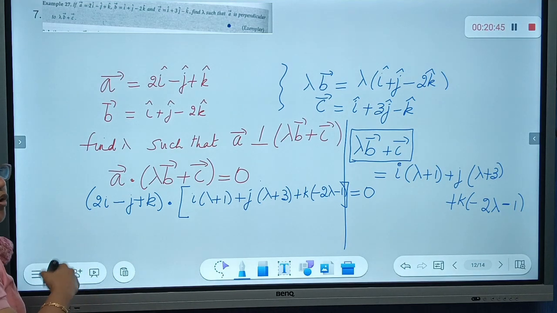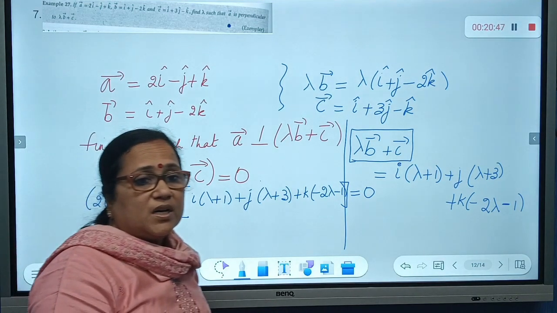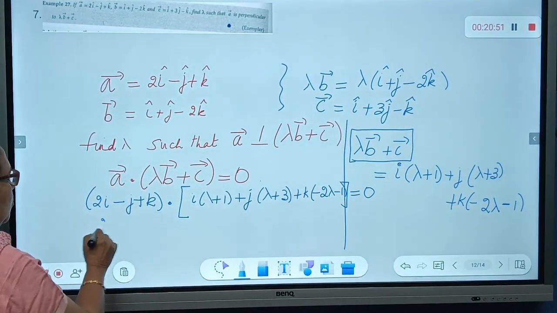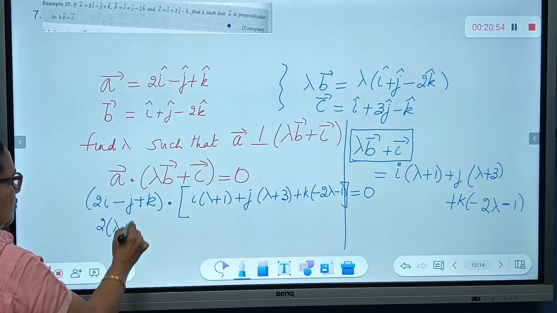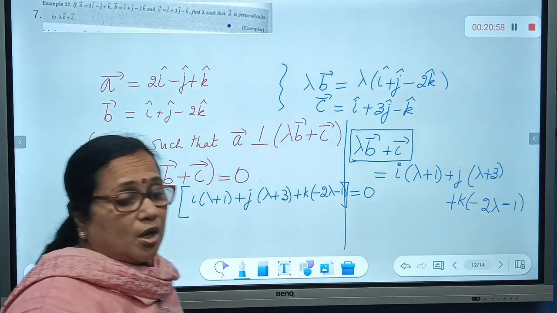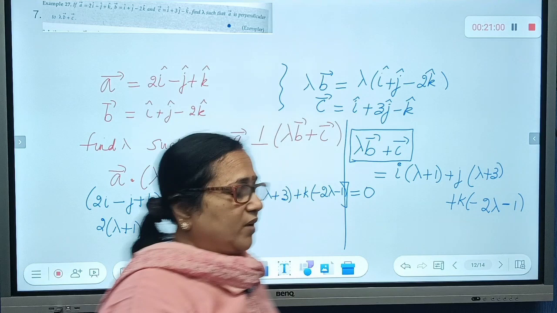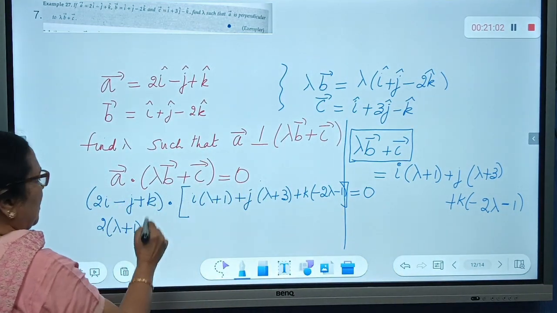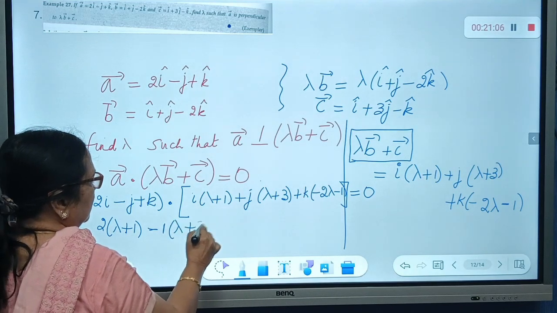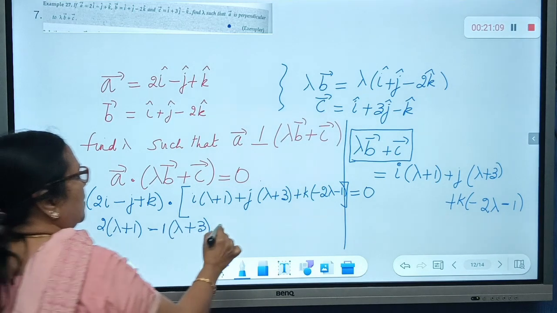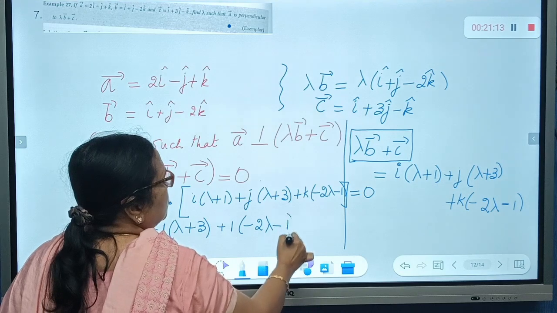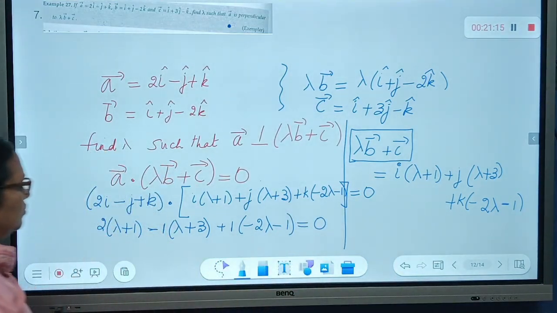So, how do you find the dot product of two vectors? It is term by term multiplication. So, 2 into lambda plus 1, because i dot j, j dot k are all 0, because i, j, k are all mutually perpendicular unit vectors. So, 2 into lambda plus 1 minus 1 into lambda plus 3 plus 1 into minus 2 lambda minus 1 equal to 0.